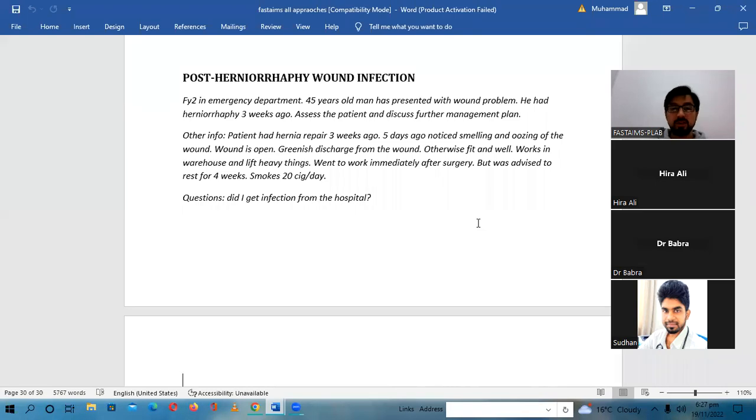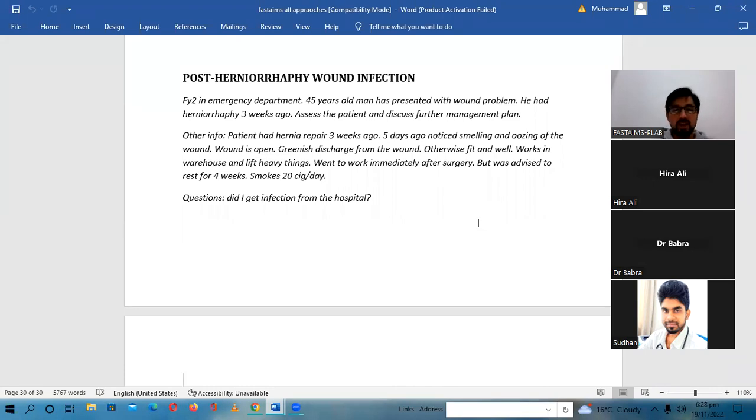The patient here is a factory worker and he started going to the factory earlier than he was advised to. Take the history I mentioned: HOPI, PMH, family history, drug history, allergies. Occupation is important because he might have started lifting heavy weights again, or his job might involve a high risk of infection.